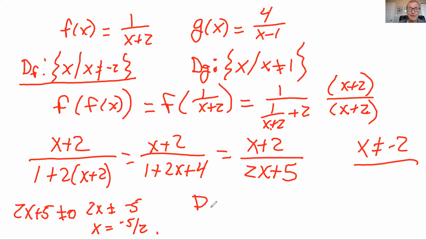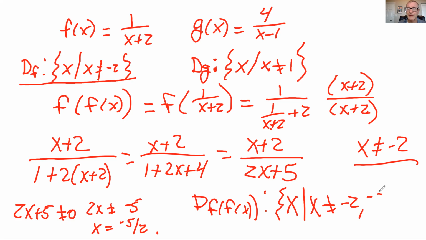So the domain of f of x are all real numbers of x such that x cannot equal -2 or -5/2. So again, strategy: the input function, look at that domain, and then the final function, you look at that domain.